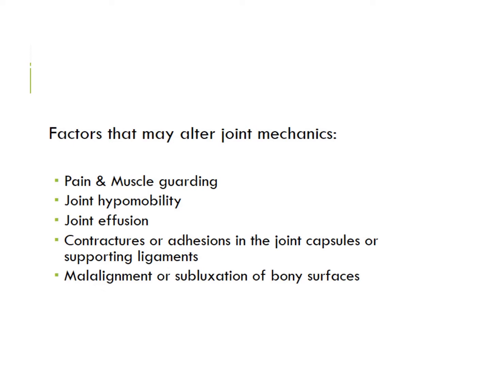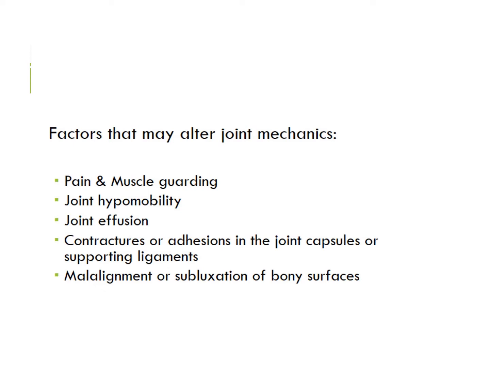The next is contractures or adhesions in the joint capsule or supporting ligaments. These contractures and adhesions are permanent or temporary tightness of the surrounding structure of a joint. Those surrounding structures of a joint can be capsule, they can be ligament, and other soft tissues can also become tight and adhered to the joint, which causes reduced range of motion.